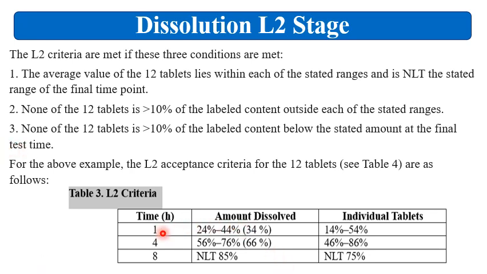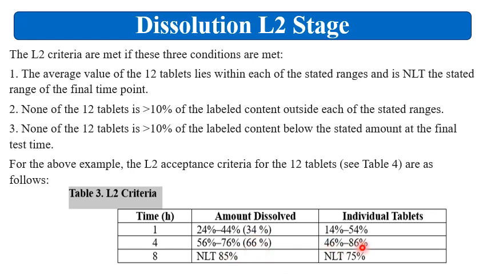Now let's see for 1, 4 and 8 hours. This was your range for L1. Now from 24 to 44% it shifted to 14 and 54. Here you can consider this 34 as average to have easy understanding. Then 56 to 76 considering 66 as average.